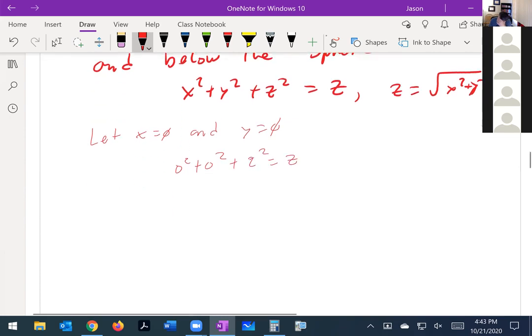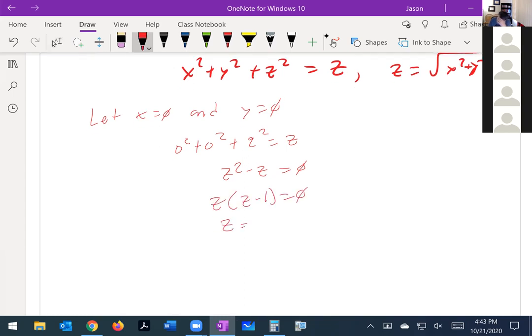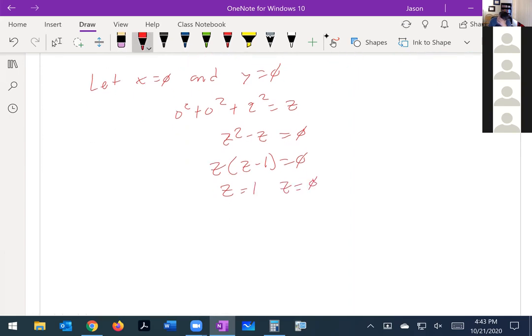So when is z squared equal to z? I could pull z squared minus z equals 0 and factor out a z: z times z minus 1 equals 0. So z equals 1 or z equals 0. So I have the point 0, 0, 0 or 0, 0, 1.